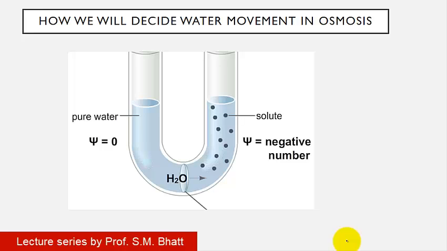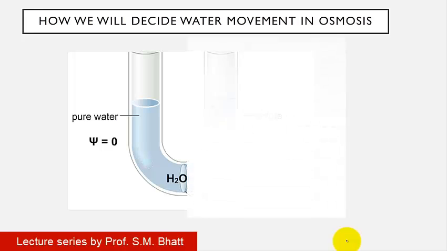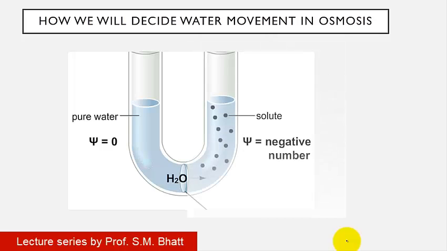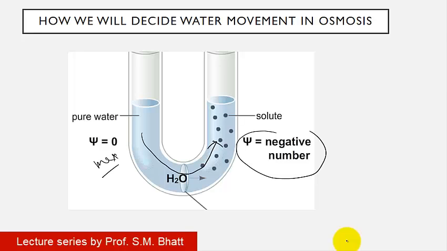Now what you can see, how to decide the movement of water. So pure water has the maximum water potential, right? And if you are dissolving anything, then psi will have a negative number. So obviously the direction of movement will be from this maximum number to the negative number.